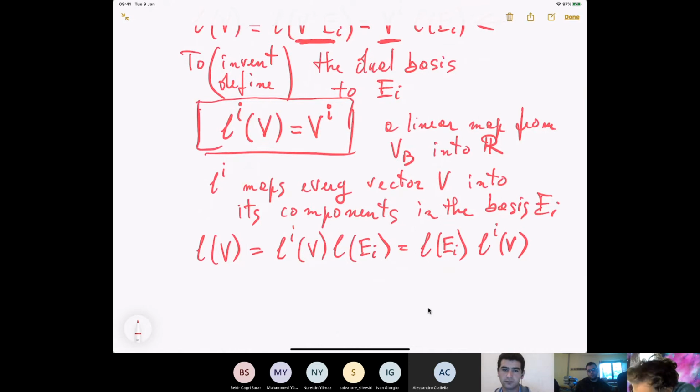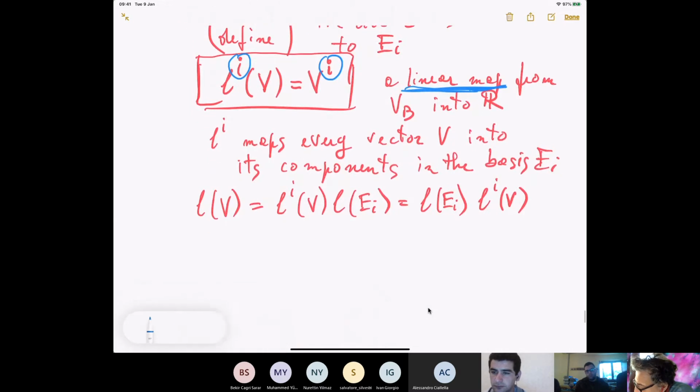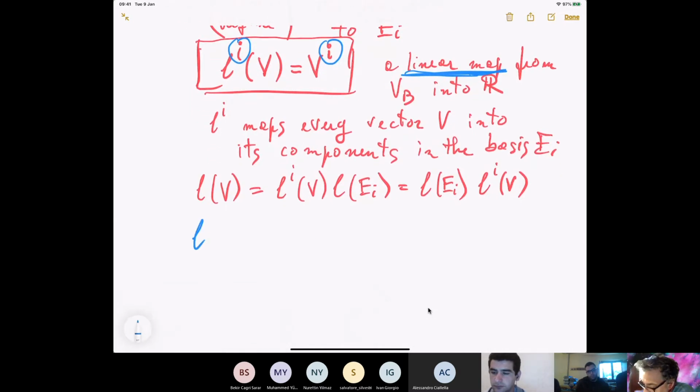Please remark that in order to have the conservation of upper indices in this formula, we labeled this linear map with an upper index. Okay. Now, what is this formula doing? This formula tells us that L is equal to L(e_i) L^i.